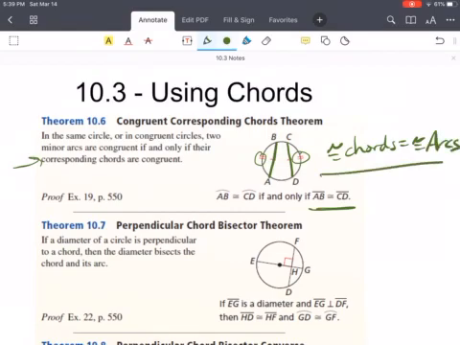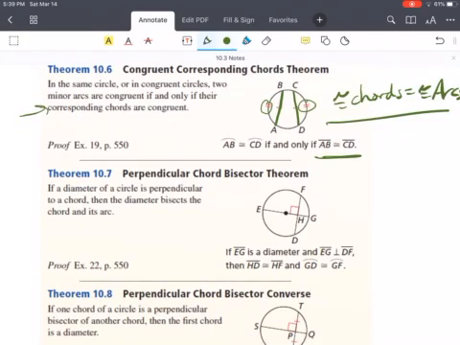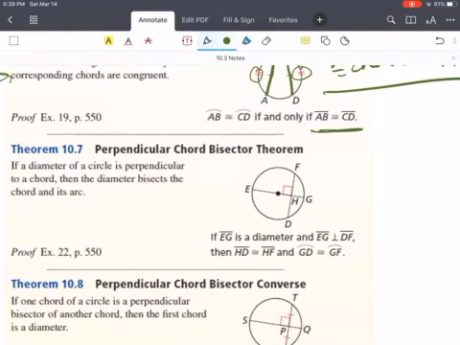It's going to be a big one that we're going to apply later. Another one deals with the perpendicular chord. If a diameter of a circle is perpendicular to a chord, then the diameter bisects it. So we are cutting through this chord, and if it's perpendicular, it will also bisect it.